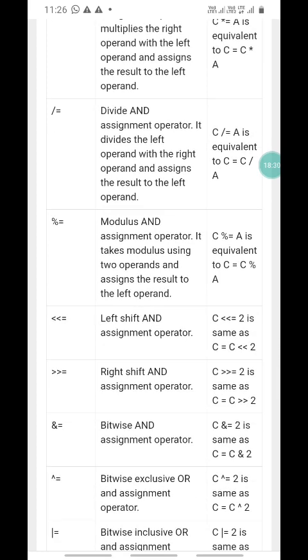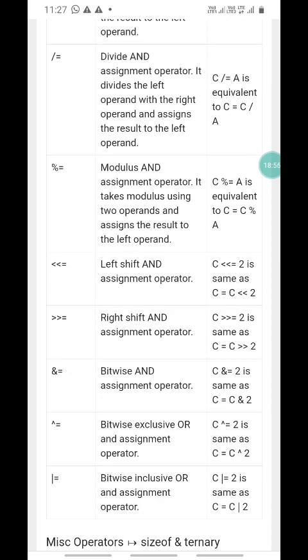This is very important. C left shift equals 2 is the same as C equals C left shift 2. Right shift and assignment operator. C right shift equals 2 is the same as C equals C right shift 2.